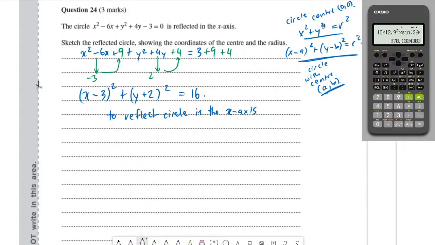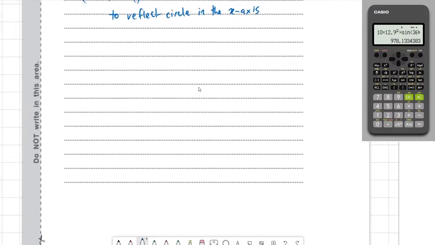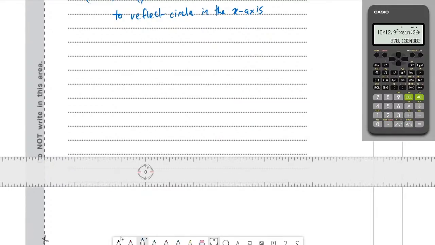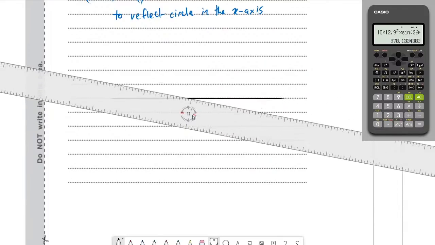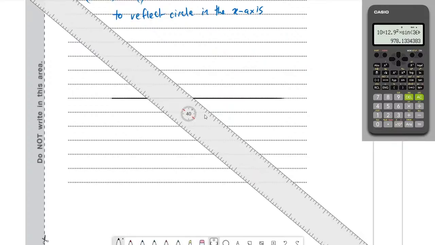And I'm going to actually draw this up properly. So bang, bang, there, go across there. It'd be so much easier if we had these in exams, that's for sure.